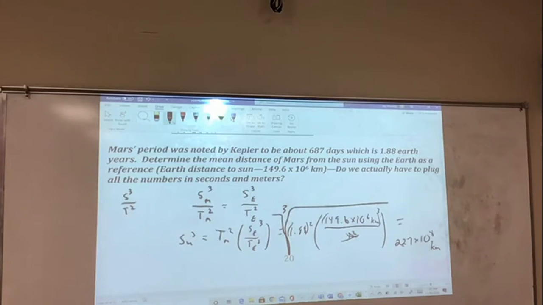Oh, that's just a 1 squared crossed out, since it's just 1. It is 228 million kilometers away. Okay? So that's pretty accurate, huh? You said 227, how many thousand? Would it round up to 228? Yeah. Okay, so it rounds up to 228, huh?